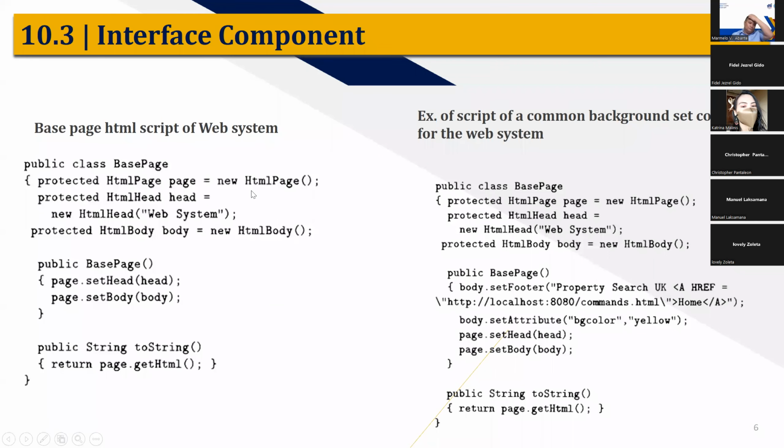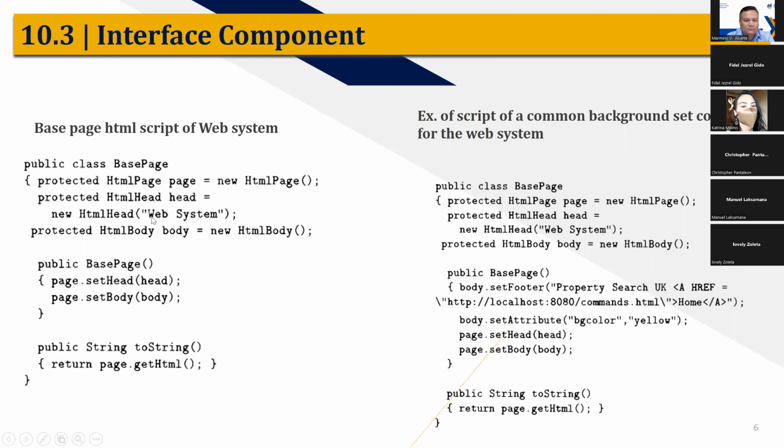HTML page refers to the new page. When you're typing in certain websites, like in Google, if you're typing plmon.edu.ph, it will give you the home page of PLMon. So this is an example of the declaration referring to the HTML.